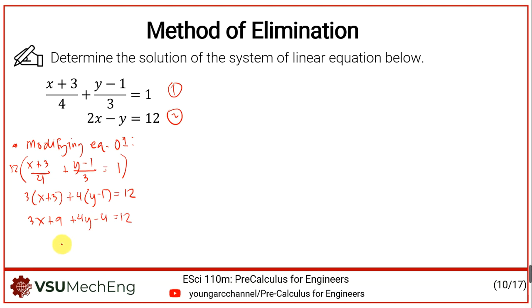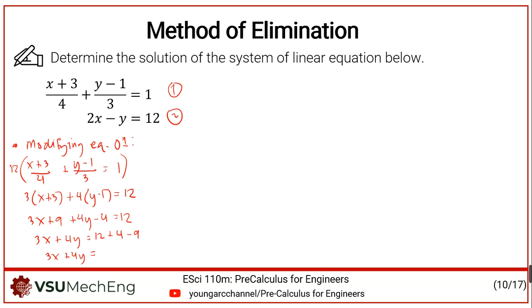Then combine like terms. So 3x plus 4y is equal to, moving the constants to the right side of our equation, 12 plus 4 minus 9.